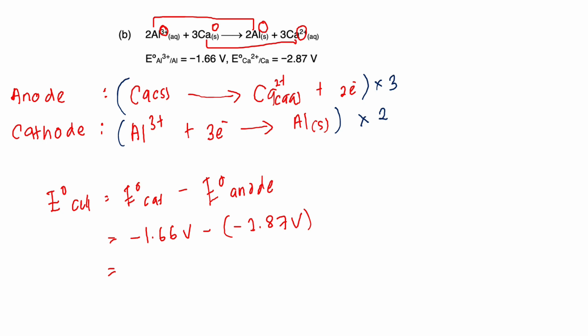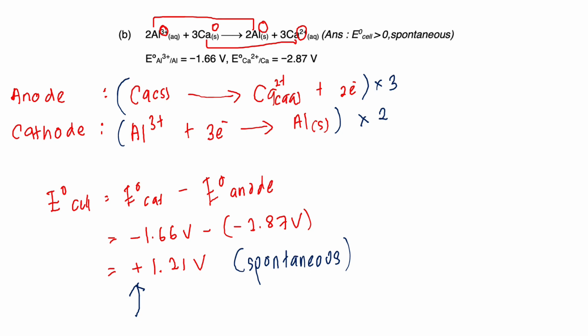So we are going to get positive 1.21 volt. We have positive here. So since this is positive, therefore this redox reaction is a spontaneous redox reaction. There you go.